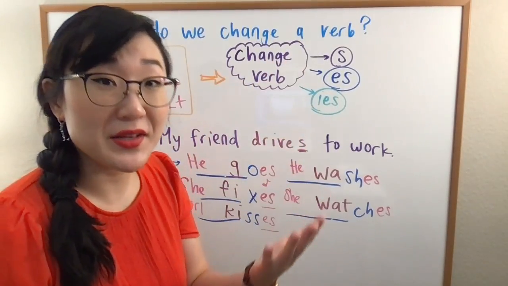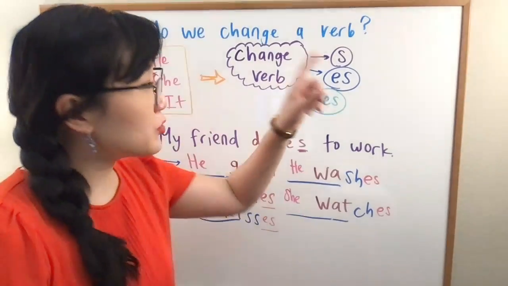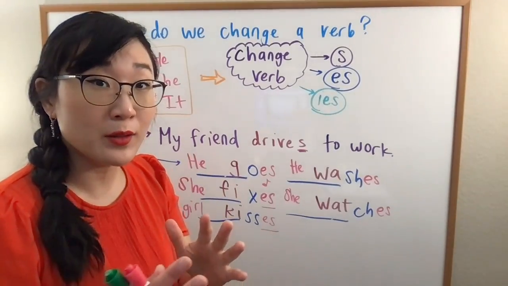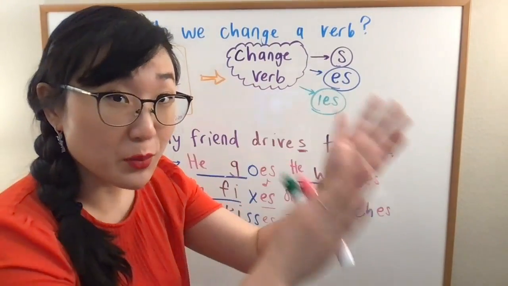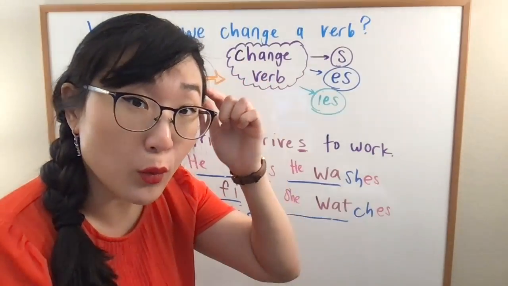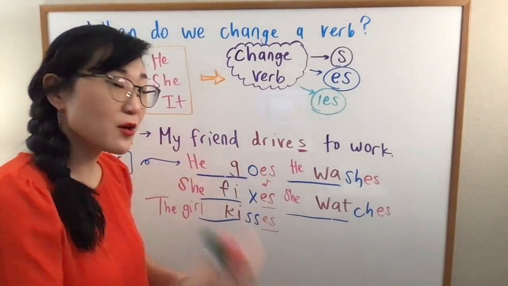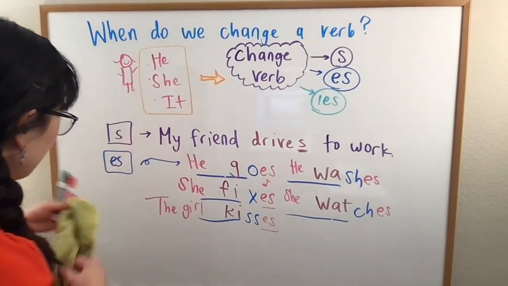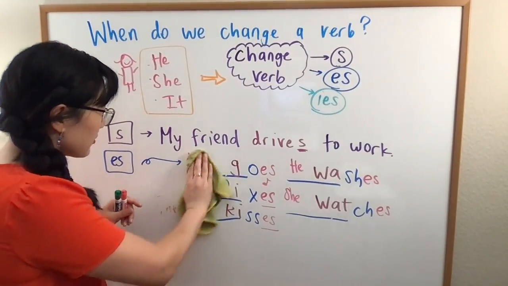After, I will explain, you can use these rules when you change a noun from singular to plural. The same rules, okay? So let's go over here. Let me erase this for you here. So let me write this one again.